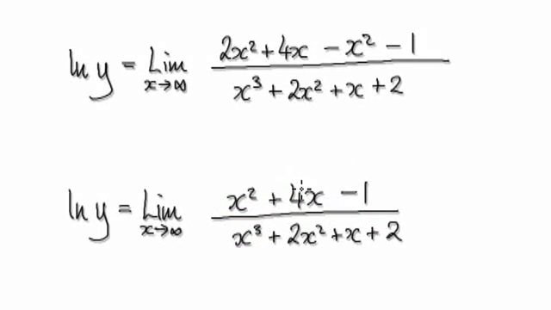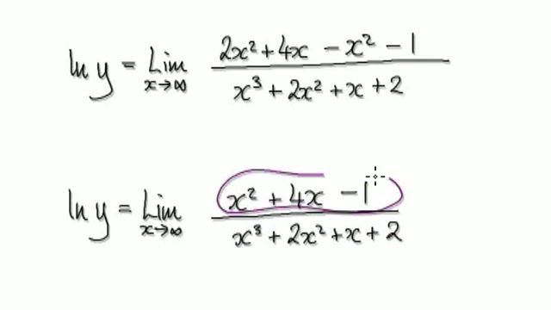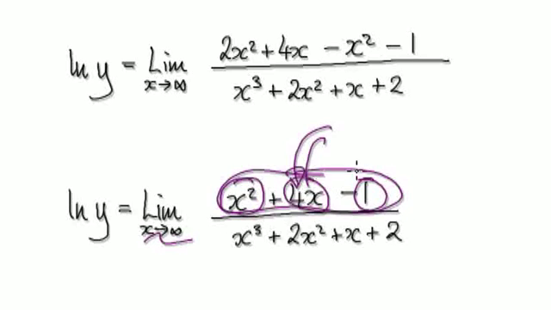You could do that, but if you look at this here, as x tends to infinity, you've got one thing divided by another thing. As x tends to infinity, if you look at the numerator only, you've got this thing plus this thing, take away this thing. As x tends to infinity, this is going to be irrelevant, this is going to be irrelevant.